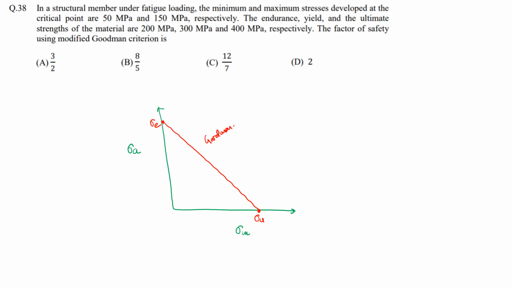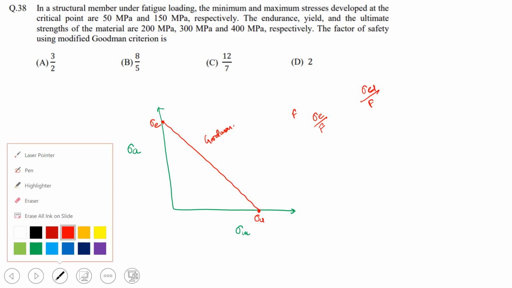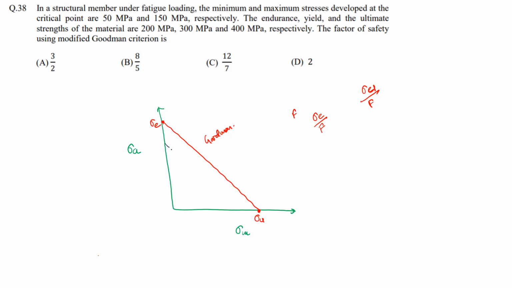Once we use a factor of safety, suppose F, the maximum allowable stress in that case becomes sigma E by F on the y-axis, and sigma U by F on the x-axis, right? So guys, there will be a new stress level.